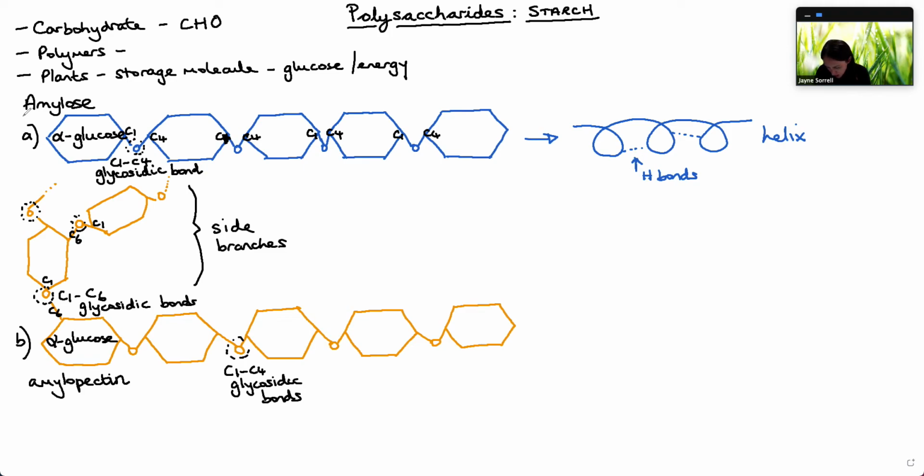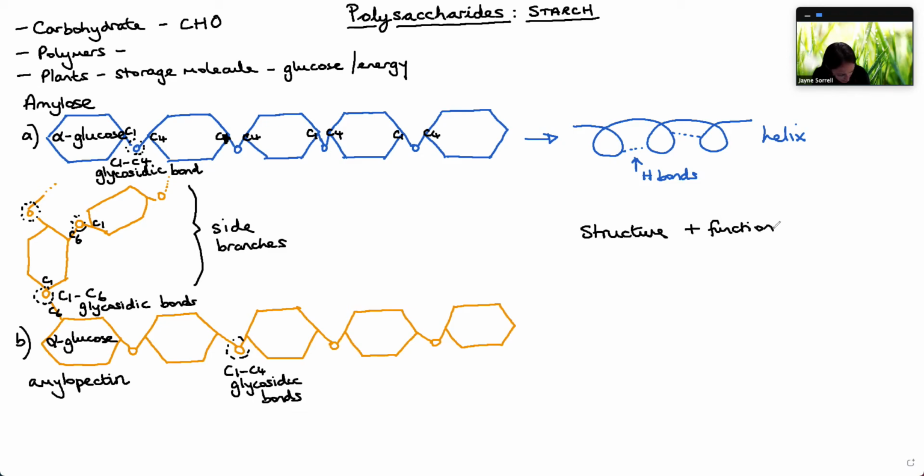Okay, so that's a basic description of their structure. Now, one thing you may be asked about in a post-16 biology question is linking the structure of these molecules to their function. Structure and function.